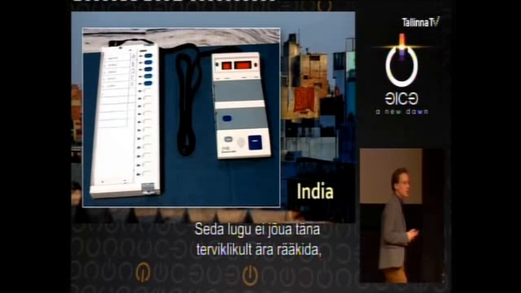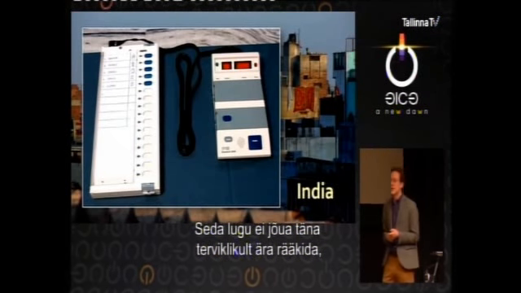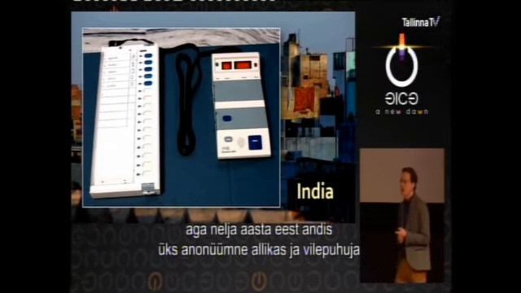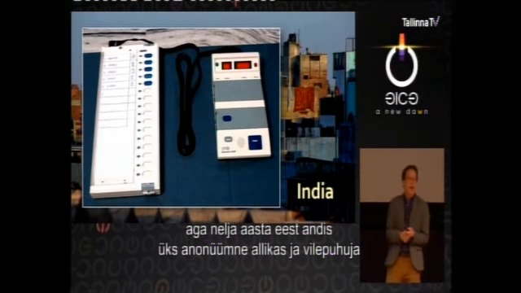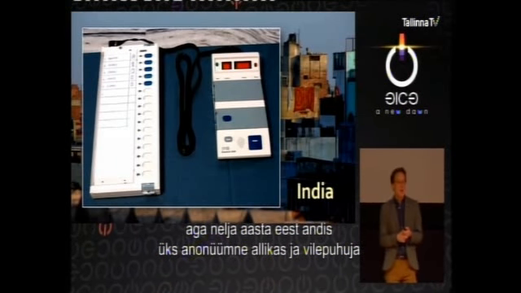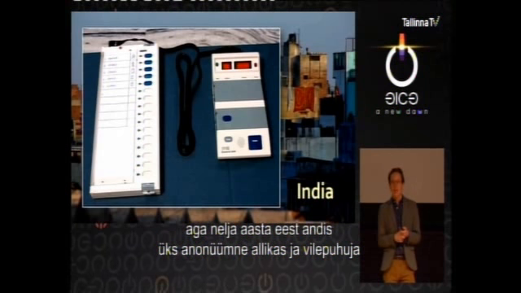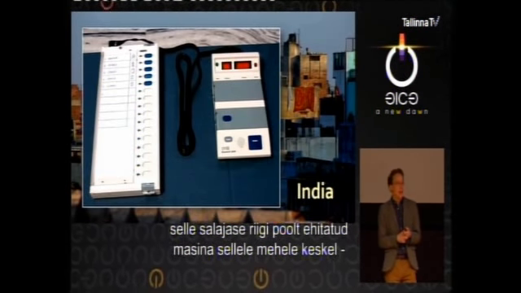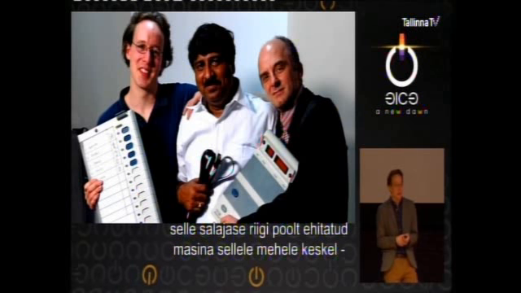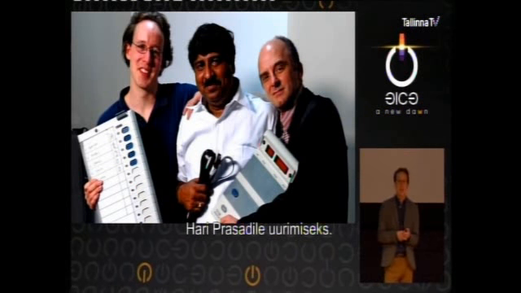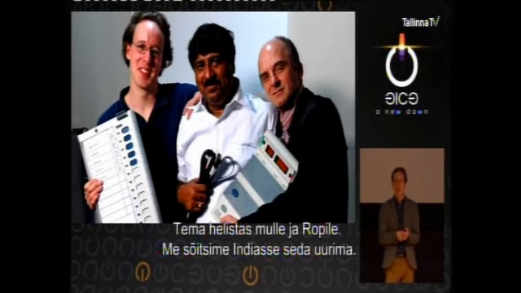It's too long a story to tell the whole thing today, but about 4 years ago now, an anonymous source, a whistleblower, gave one of these secret government-made machines to this man in the center, Hari Prasad, to study. And he called me and Rob, and we went to India and investigated it.